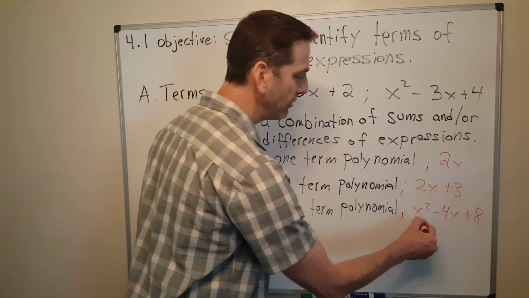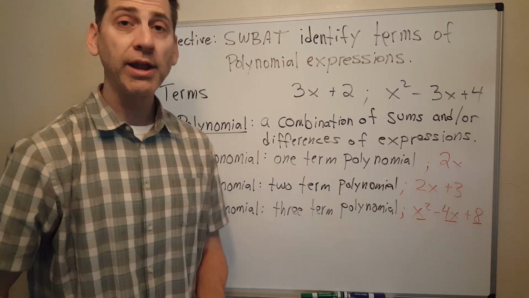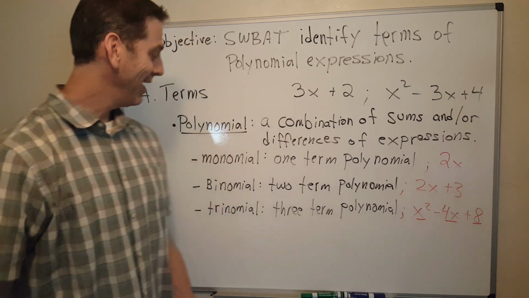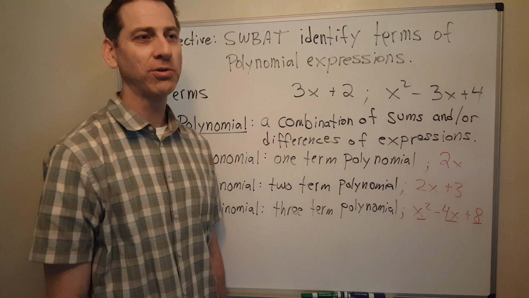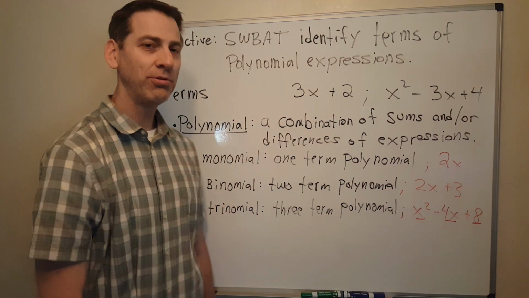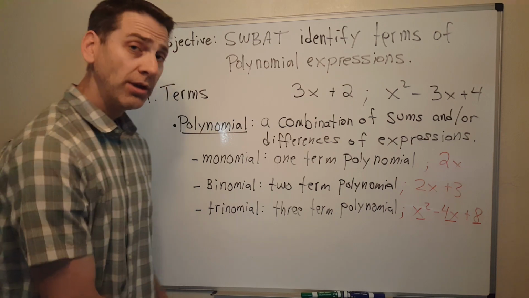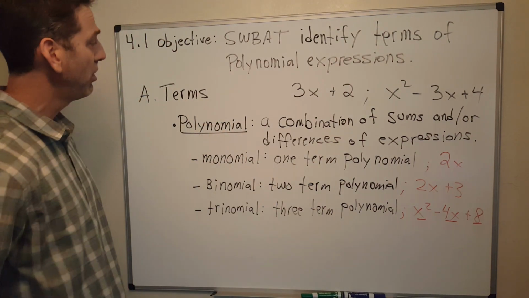You see it has three different terms. We call that a trinomial. We don't have anything after that. There are no four-term polynomials that we have a name for, just those three. So those are polynomials, and those are three different kinds of polynomials.